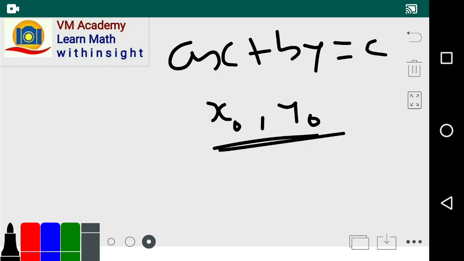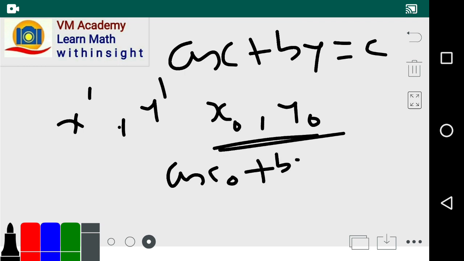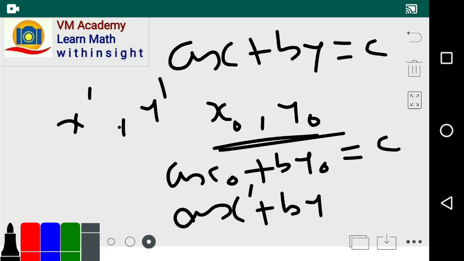Then from this we can calculate other solutions. How? Let the other solution be x dash, y dash. Then ax naught plus by naught equal to c, and ax dash plus by dash equal to c. Now this is the second equation and this is the first equation.